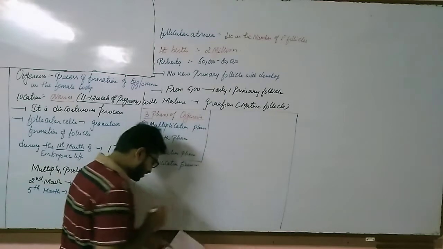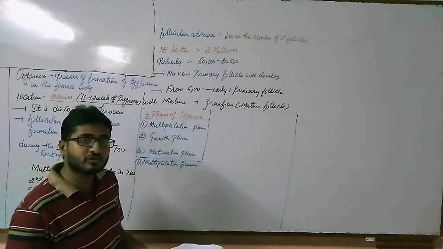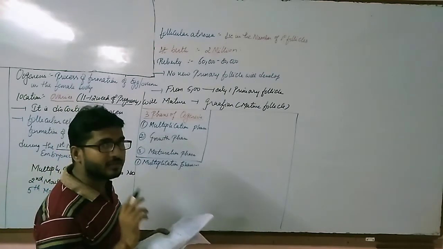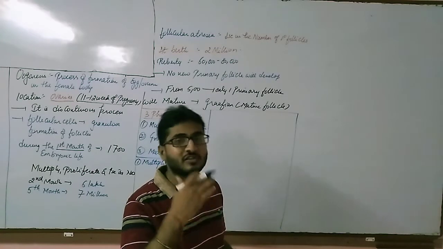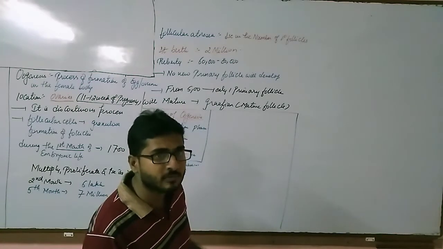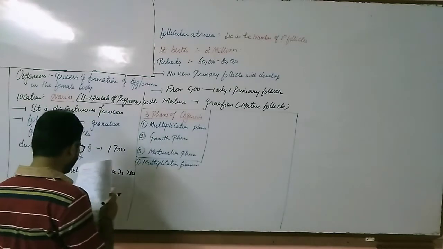We know that the germ cells are present, that is the germinal cells, or you can also say the primordial cells. These primordial cells will undergo successive mitotic division to form something that is called oogonia. Right?